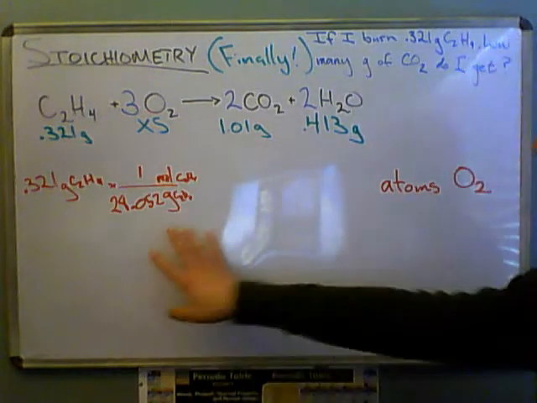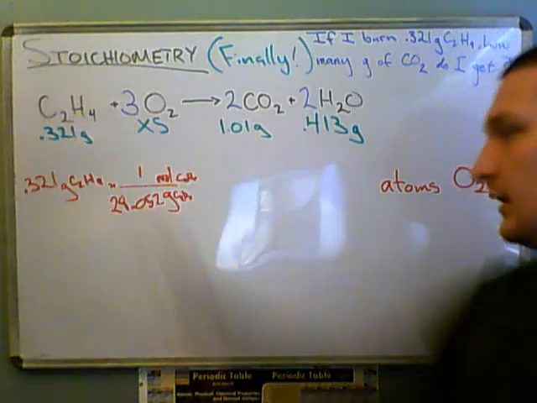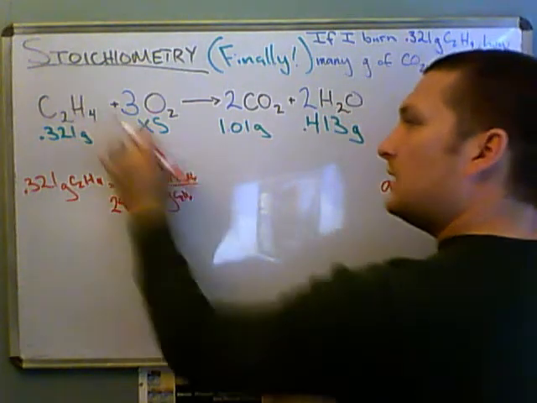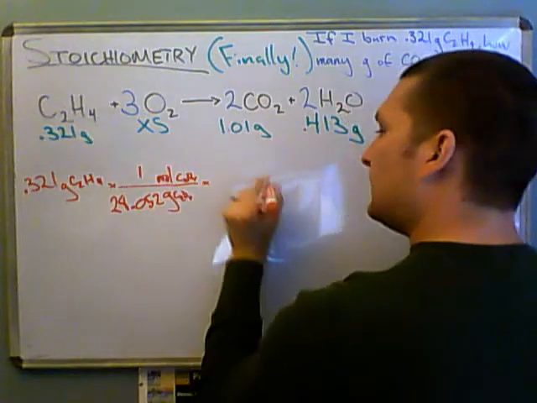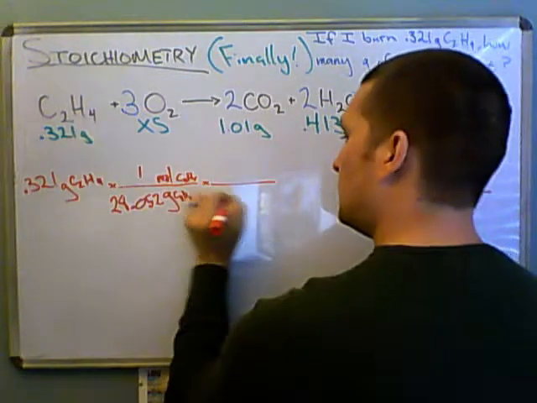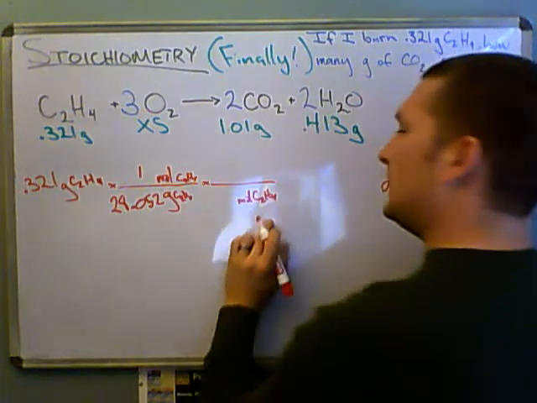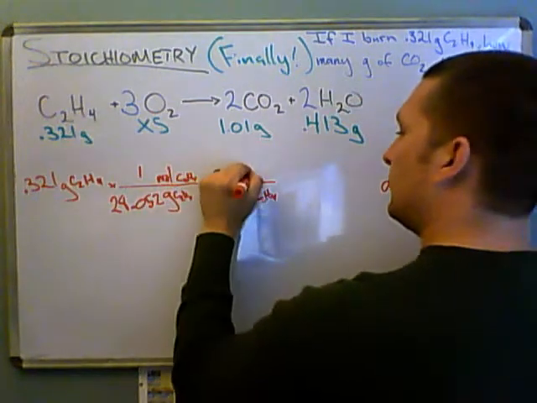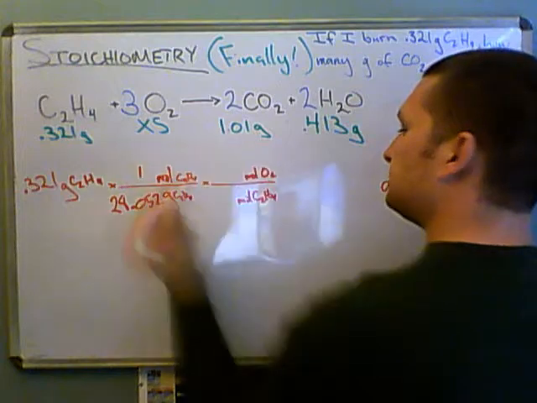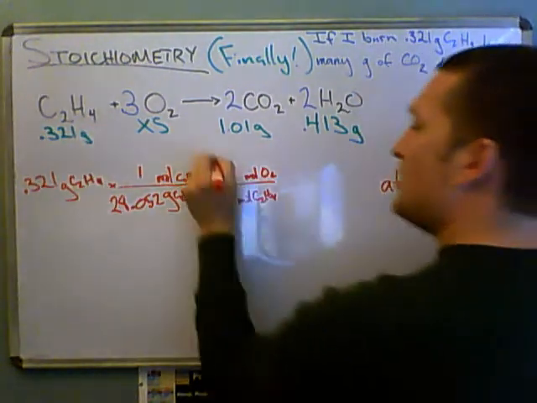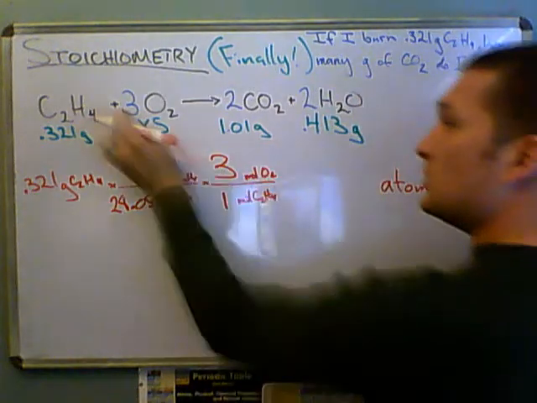And now I could use these ratios again. Now that I'm in moles, I could go from moles of ethene into moles of oxygen, moles of O2. So we know there's 1 mole of ethene for every 3 moles of O2.